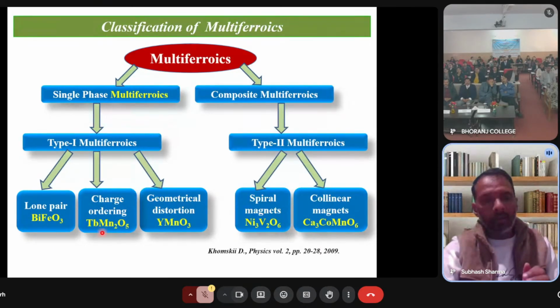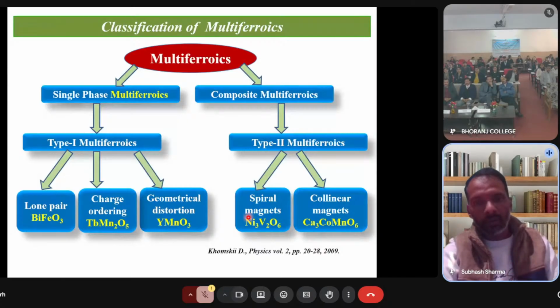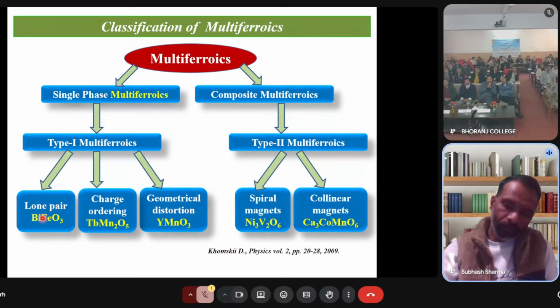In this material, the reason for polarization is charge ordering; in this one, geometrical distortion; and type 2 multiferroics are spiral magnets and collinear magnets. But BFO is a single phase multiferroic.